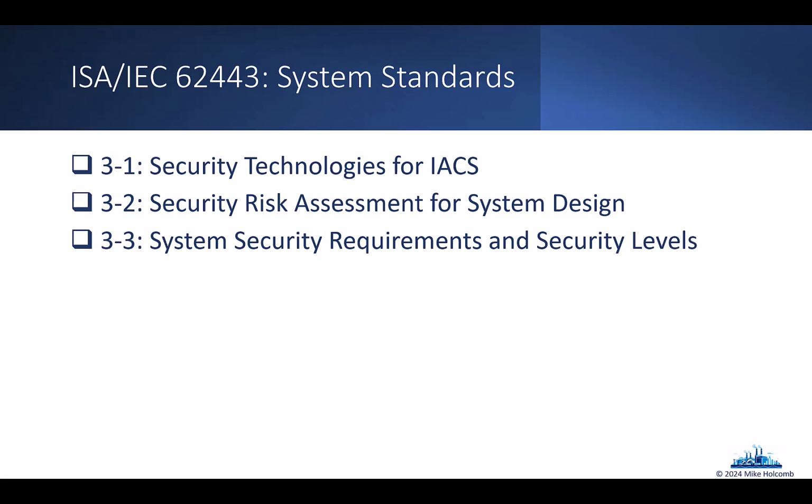System standards, right? When you get to the third category, this is where I talk about this is essential. So 3-1 talks about different types of security controls that you can deploy in a control system environment. It's kind of like a menu of things that we can deploy to reduce risk. 3-2, 3-3, again, this is the heart of 62443.